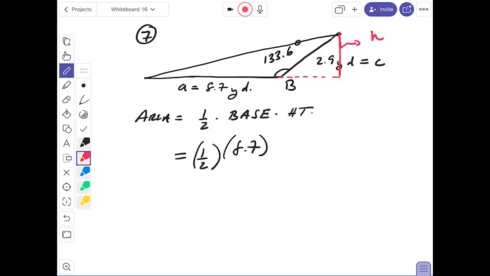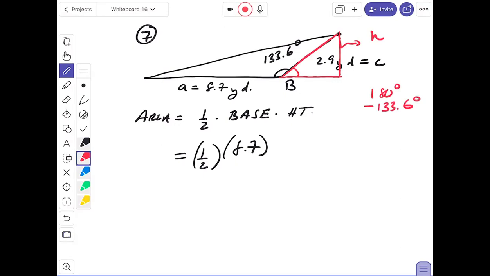Someone says, how could I figure that out? Well, I'm going to look at this right triangle over here. What I need to know is this angle. It's going to be 180 degrees minus 133.6 degrees. Let's take a look at that.